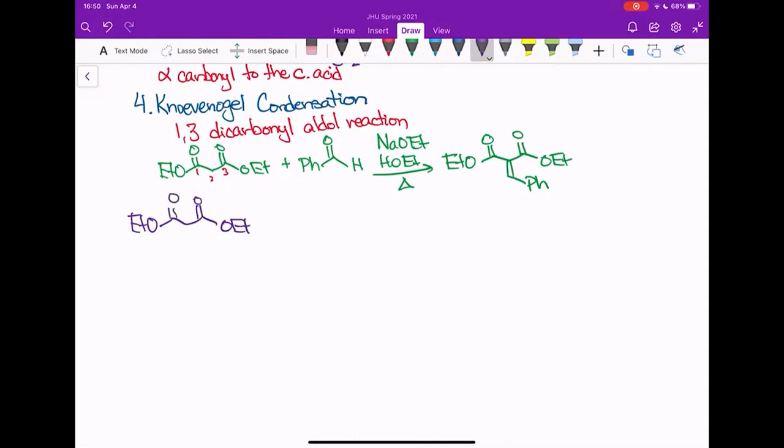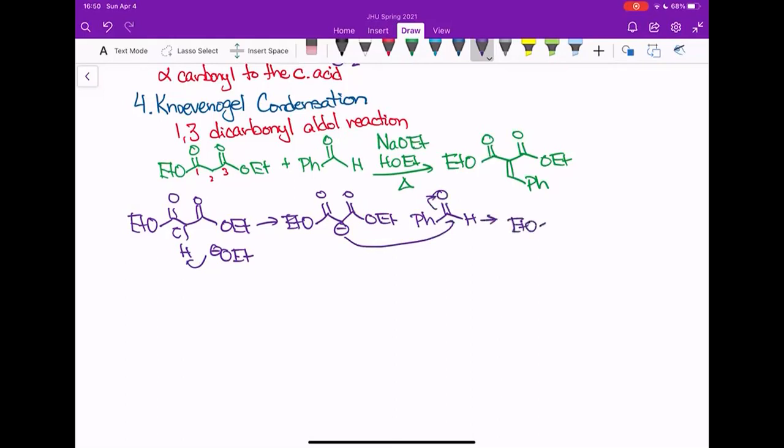So similar to all of the ones that we've already seen, your base will deprotonate. You'll go ahead and attack that next carbonyl. And then you'll protonate this one.